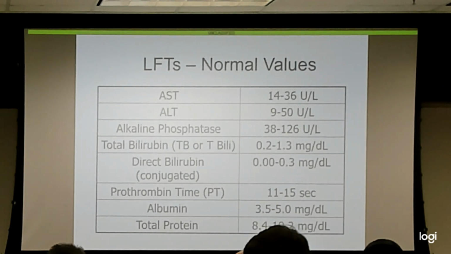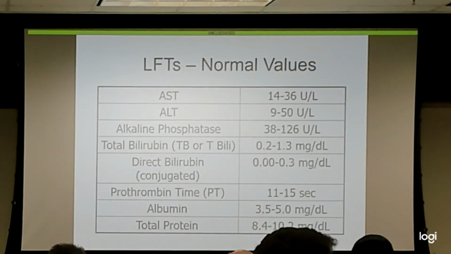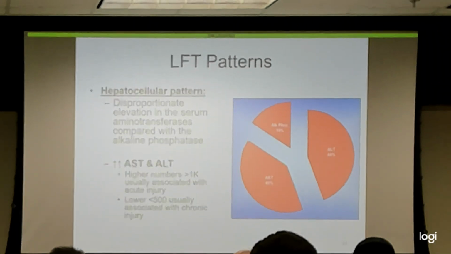So once you get to your phase 2 placement, I recommend that you go to the lab and find out how they want things ordered, because ordering labs is sometimes difficult. You'll know what you need to order, but it'll be ordered under something different. So talking to your lab people is super helpful there. And then your PT, albumin, and total protein.